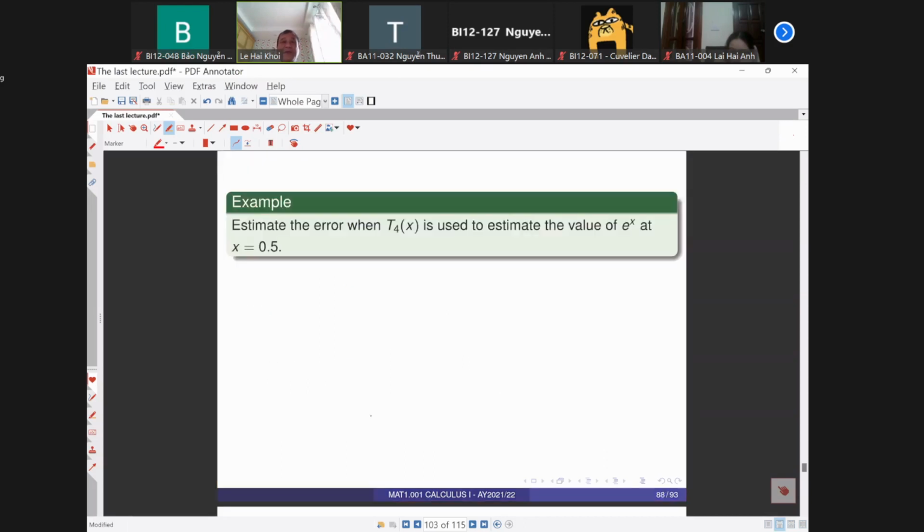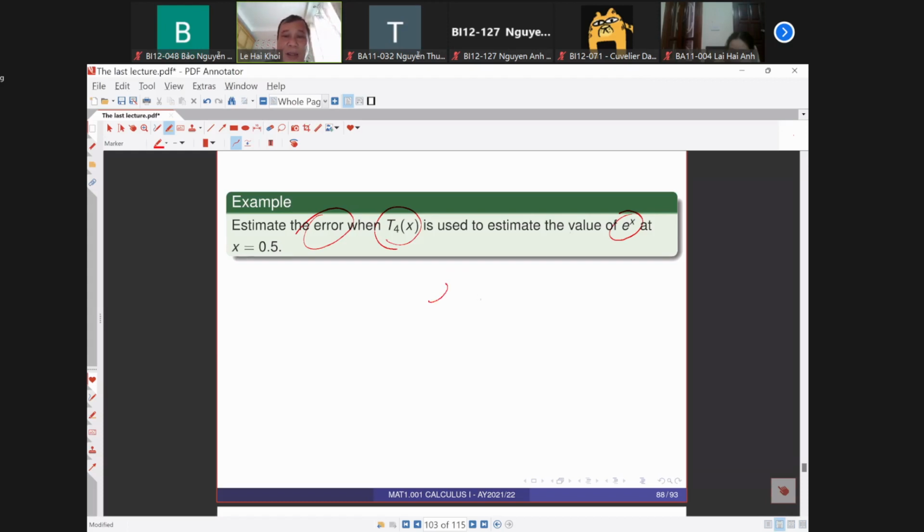Okay. So, now example of second application. Estimate the error when t4 x is used to estimate the value e to power x at x equal to 0.5. Như vậy ở đây bài toán đặt ra là gì?